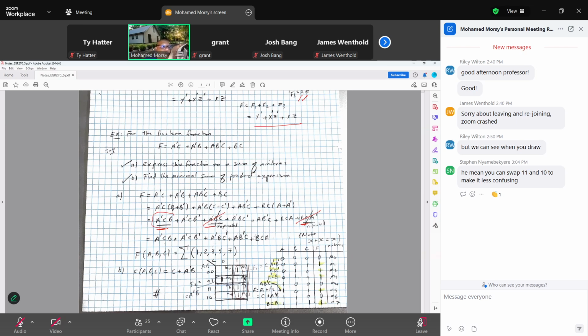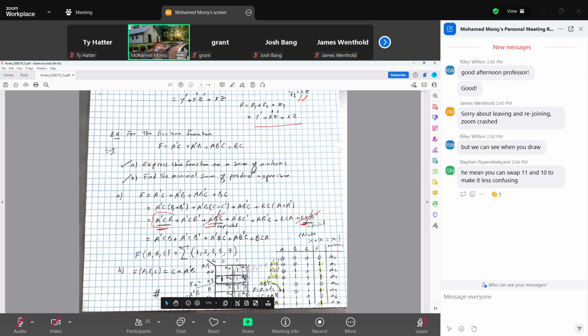Then look at the next one. The same thing: A inverted, B, C inverted. Where A is 0 is here. Where C is 0 is here and here. And then B is 1, so it is here. So for this row, the fundamental product is 1. And so on. The last one is BCA. B is 1, C is 1, A is 1.